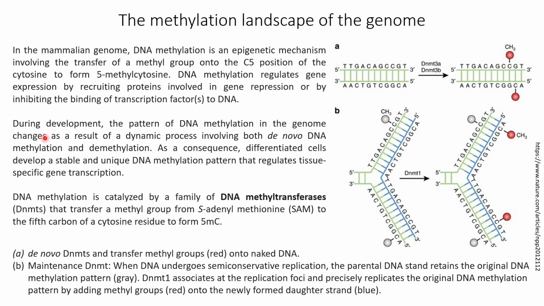So during development, you have a certain pattern of DNA methylation in the genome, and over time it changes. And this can be because of de novo DNA methylation and demethylation as well. So over time, as an organism is developing, as the body is changing, as the body is aging, you're going to have different requirements in the body, right?